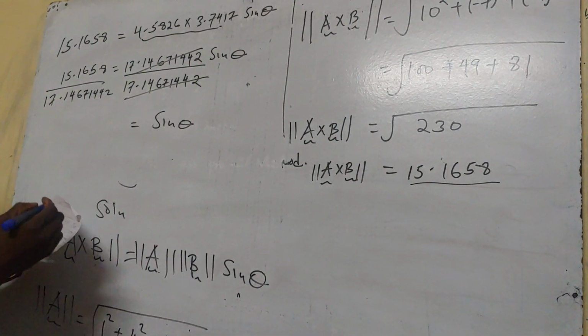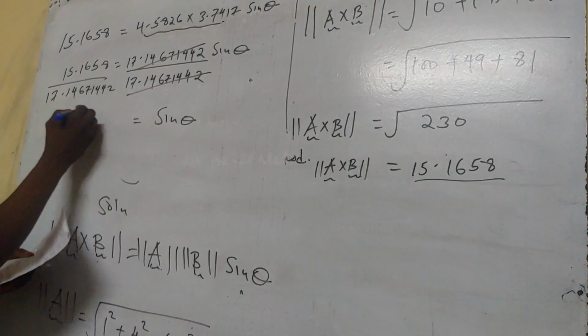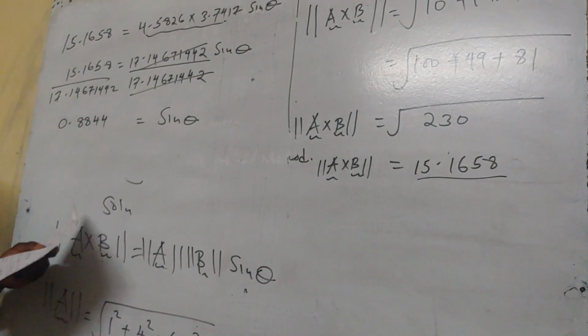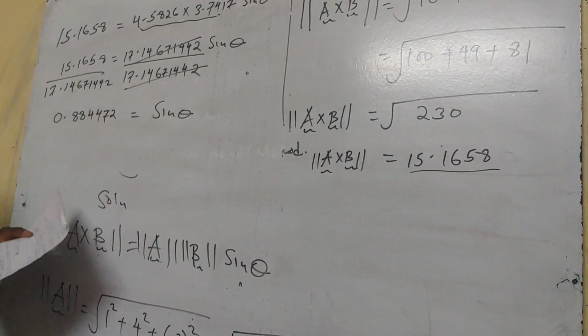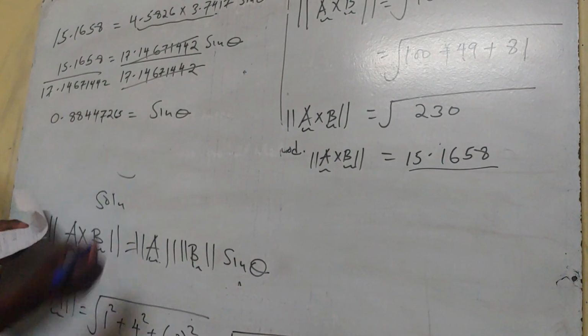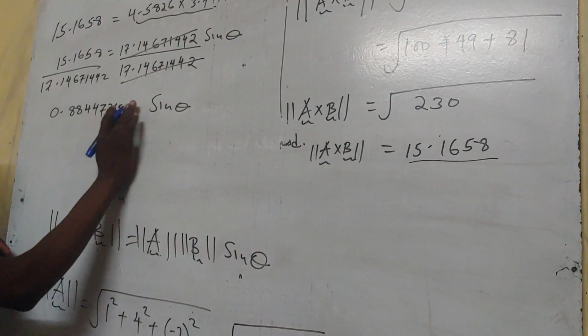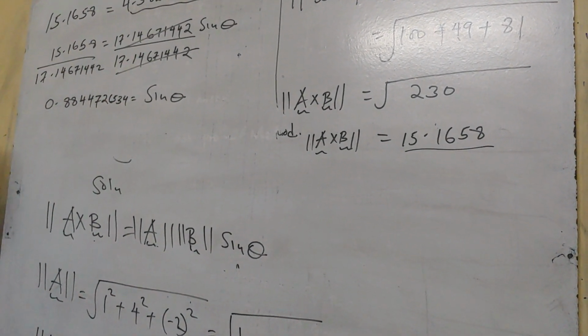The other side gives us 0.8844726534. So that is what we find as sine theta.